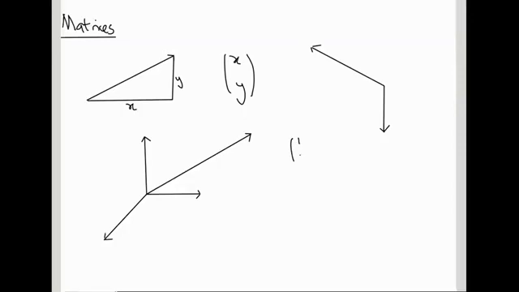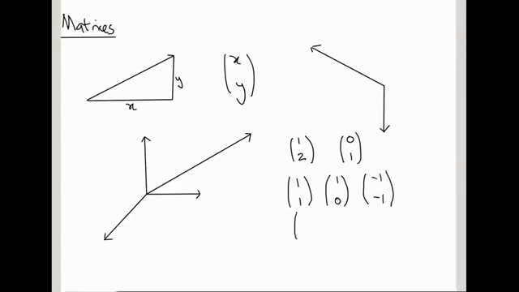I'm going to stick in some red herrings as well. I just want you to pause the video for a second and try and figure out which of these four arrows might correspond to which of these pairs of numbers.